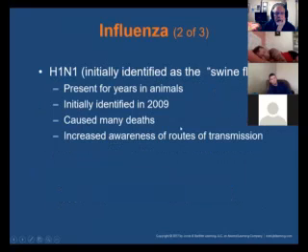Recently, in 2009, that's not all that recent anymore, is it? We had an H1N1 flu pandemic that was a swine flu.